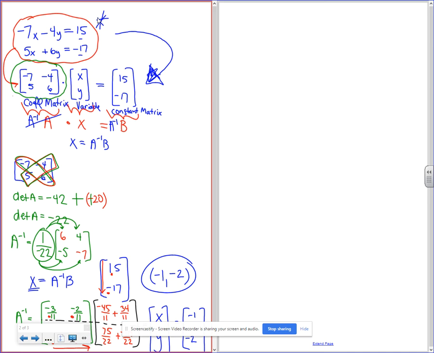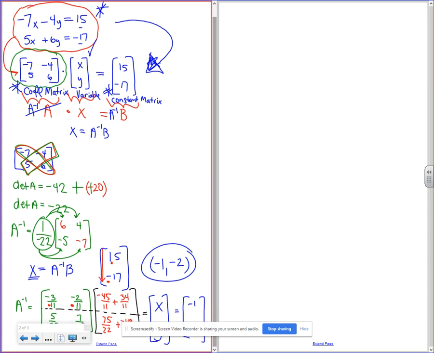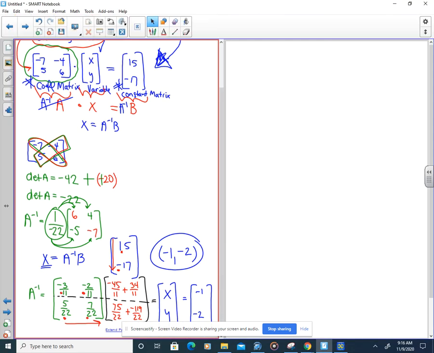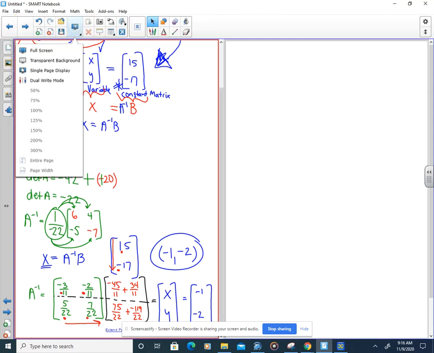Then we found the inverse of A and multiplied by B to get my values of x, y. All right, I'm going to try one more example. You can do this with systems of 3 equations and systems of 4 equations and so forth.